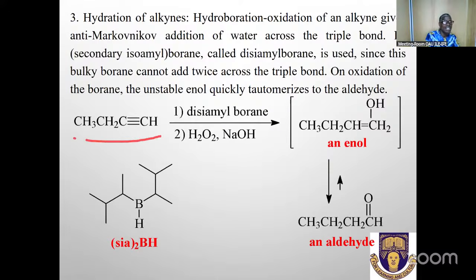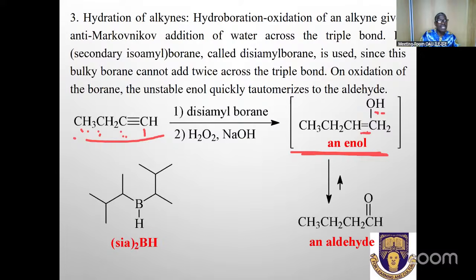Now, look at this. This is butyne, a terminal alkyne. This is carbon 1, carbon 2, carbon 3, carbon 4. So in the presence of this amylborane, and in the presence of peroxide and sodium hydroxide, this intermediate is obtained, which is an enol. What is an enol? An enol is a compound that contains both a double bond and an alcoholic OH functional group. That is why it is called enol: double bond, then OH.